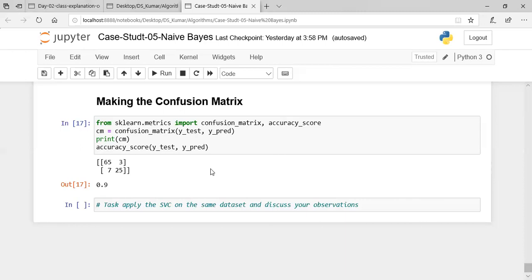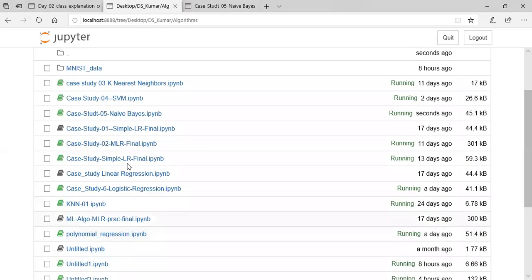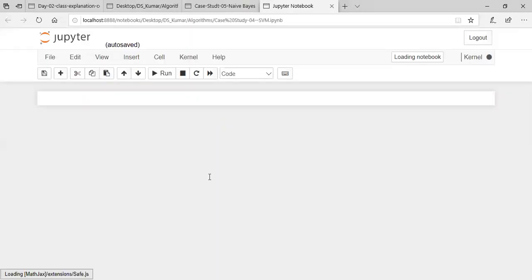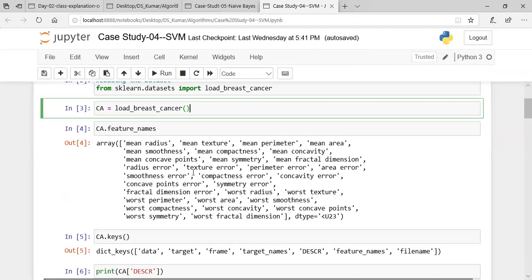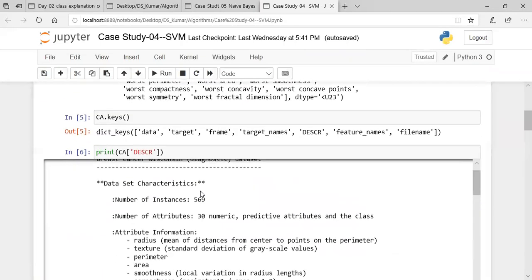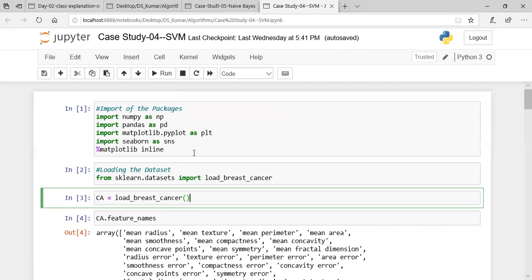I have not given SVC to you in the earlier session; that SVM was another case study, loading the cancer data set. This is a different case study. Now you can apply this support vector classifier to the data set, the SUV purchase or Mercedes-Benz purchase.